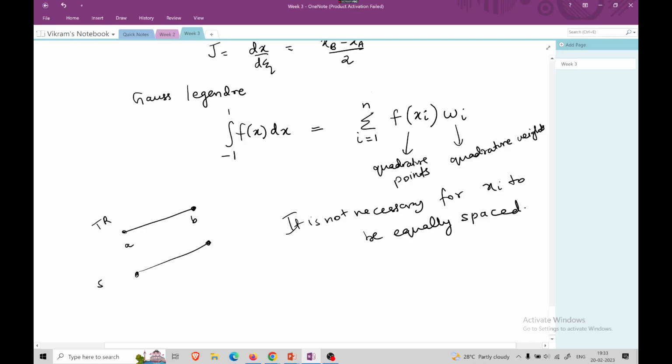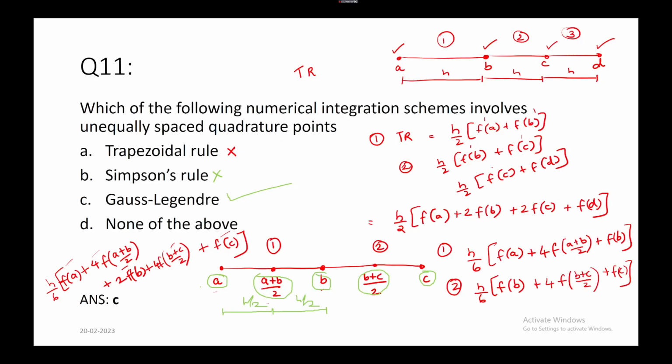In Simpson's rule we have 3 points that are equally spaced, but in Gauss Legendre the points can be somewhere here and here, and this distance need not be equal, so this is unequally spaced. So the answer is C.